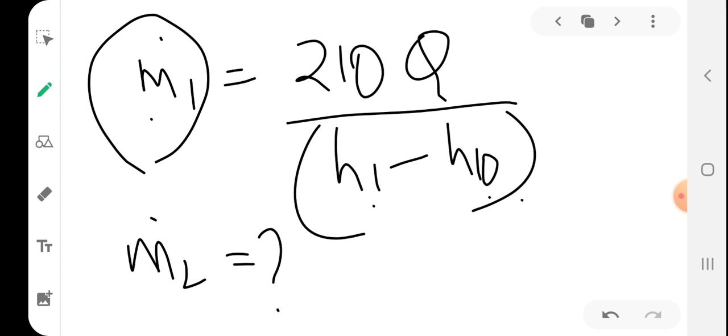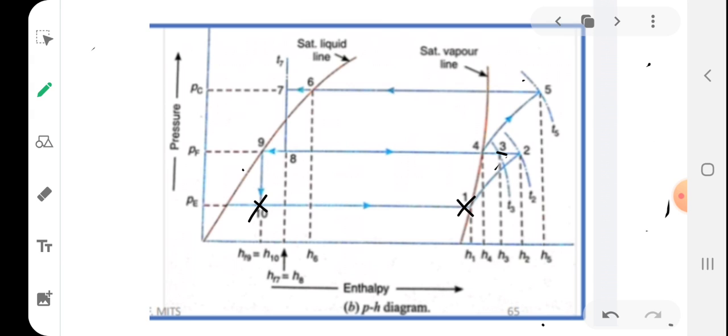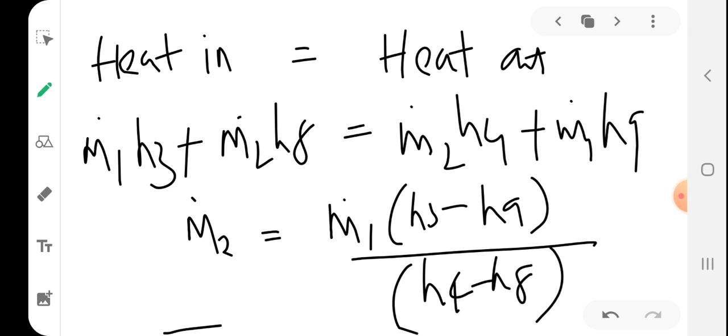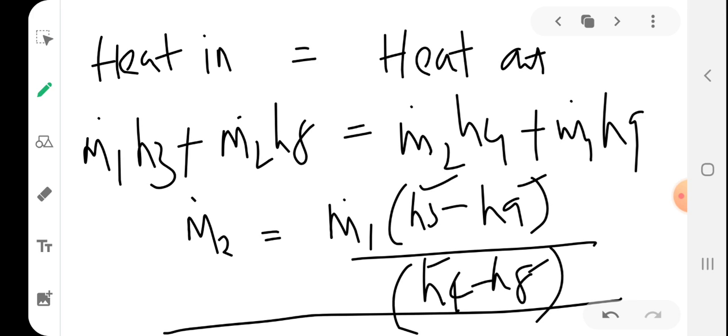So h3 is this one, h9 is hf9, and h4 will be hf4 itself, and h8 is nothing but h7, because 7 to 8 is an isenthalpic process. So you can do the calculation, no problem. This is a method to get the flow rate in the second circuit, the high pressure circuit.